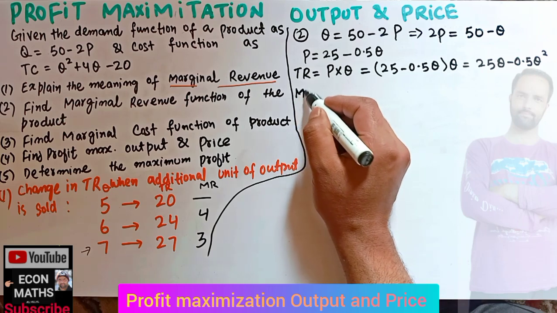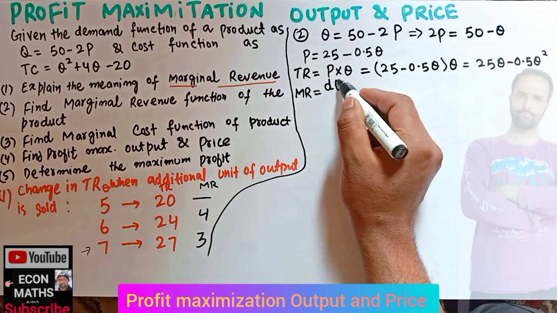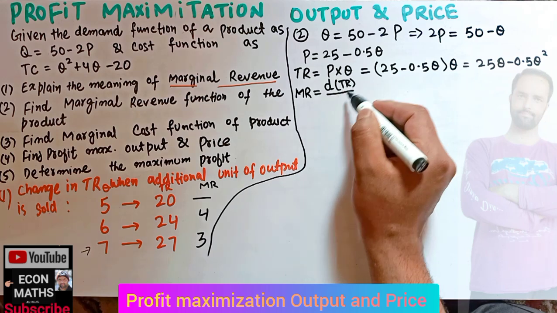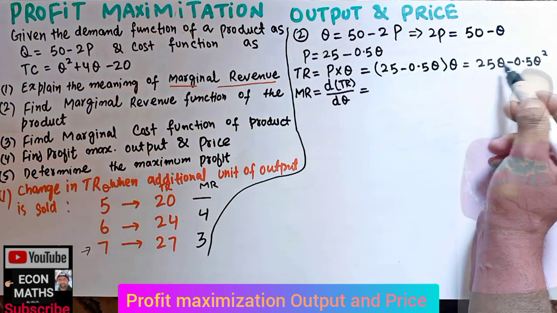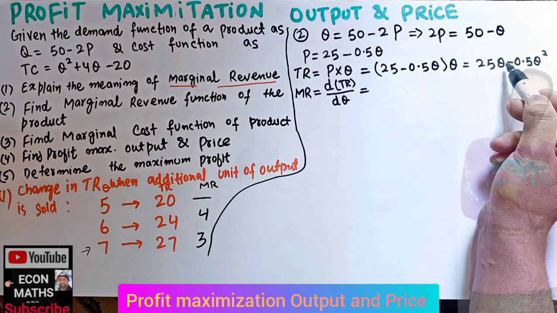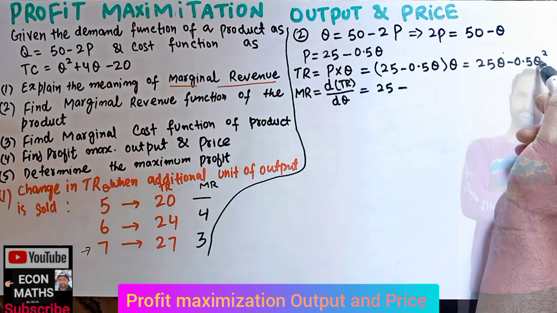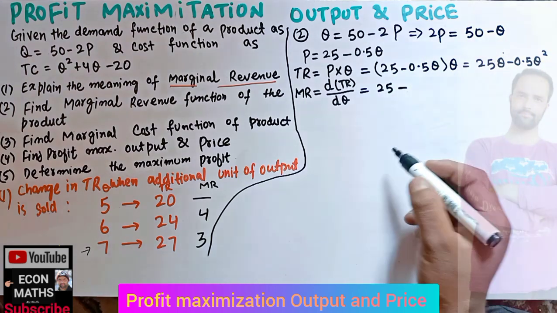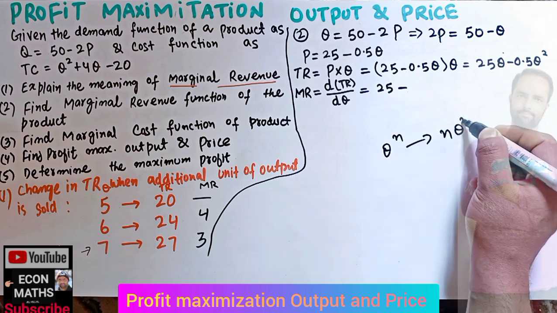Now what is the marginal revenue function? It is simply the derivative of the total revenue function with respect to output. Taking the derivative of 25Q, we are left with 25, minus the derivative of Q square, which is 2Q. If we have Q to the power n, its derivative is nQ to the power n minus 1.